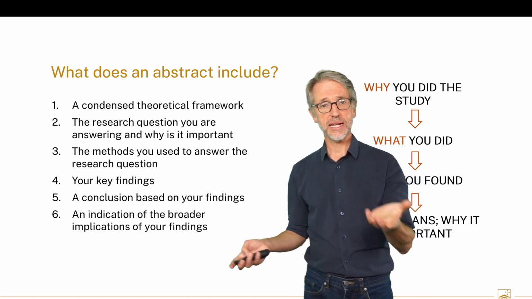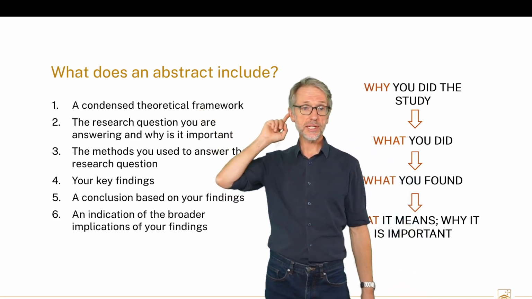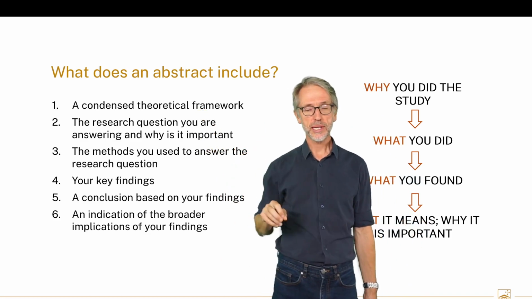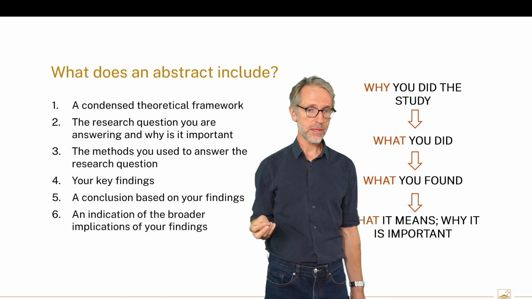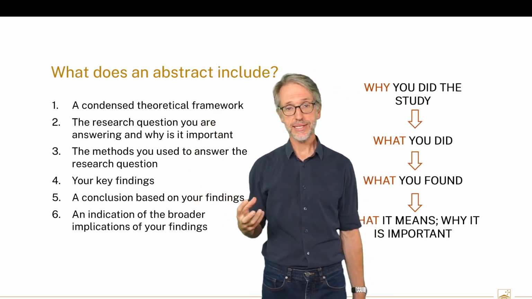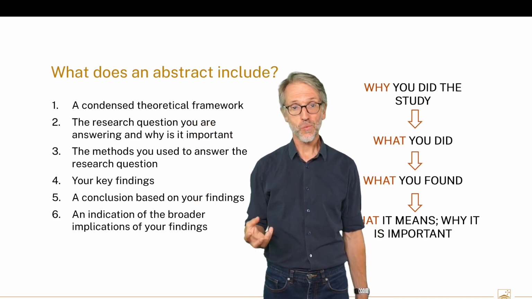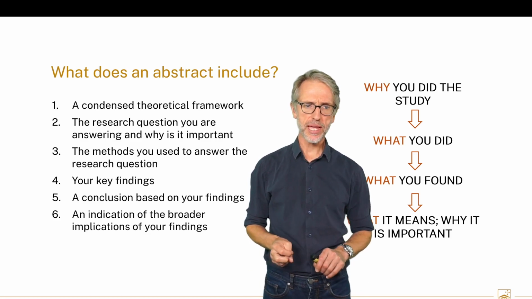So, what does an abstract include? As I've already outlined, it includes a condensed theoretical framework. In doing so, it not only provides the background for why the paper was done, but also covers the research question that's being addressed, and why it's important. The methods are very, very briefly outlined.